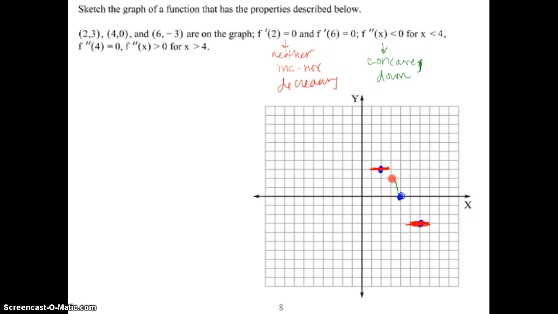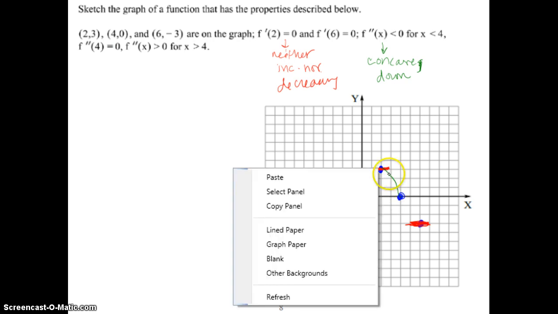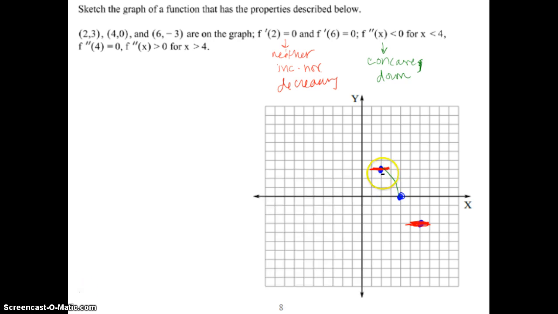So it's probably going to look something like this, up to this value where we have no slope, and then we're going to continue going down something like this. I don't know exactly where it goes, but okay, so that's for x less than 4.